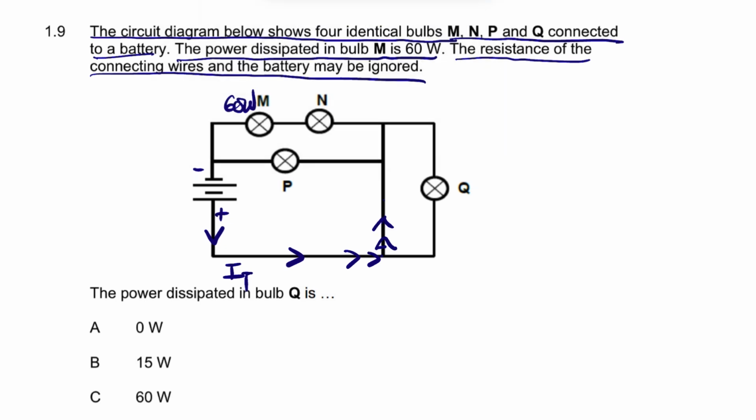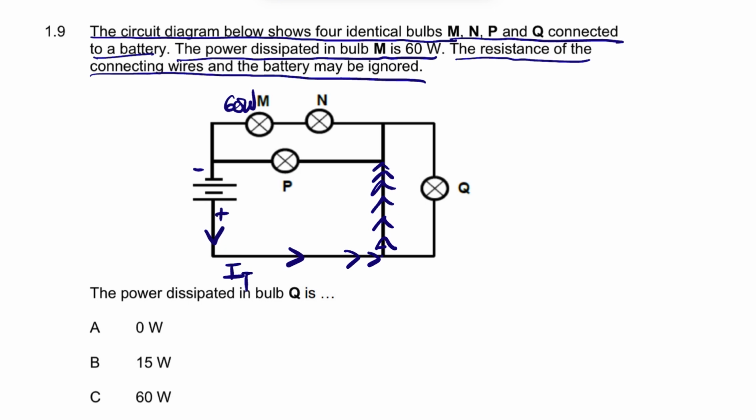I'll use the same color. It won't go this way because here it's a short-circuited side. Because there's no resistance, the entire current will go this way, right? There will be no current that goes this way.